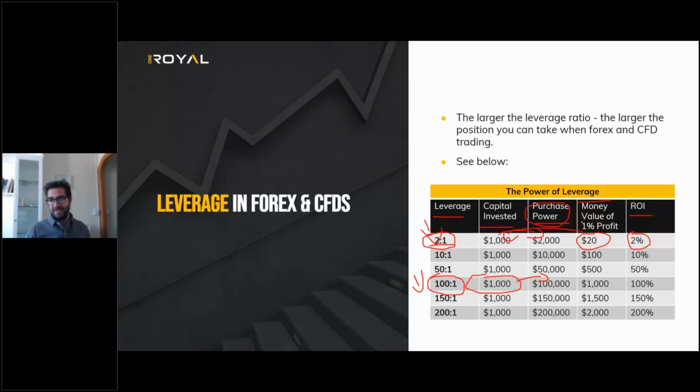And if you make 1% on each trade, that means 100,000 times 0.01, or times 1%, which is $1,000. $1,000 divided by the capital invested gives the return on investment, which is 100%. So you can see that the 2% now became 100% if we raise the leverage.